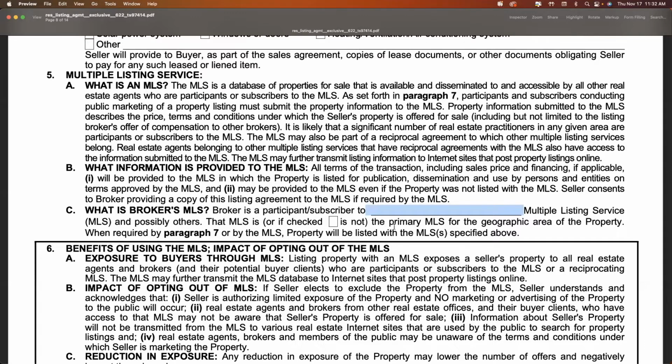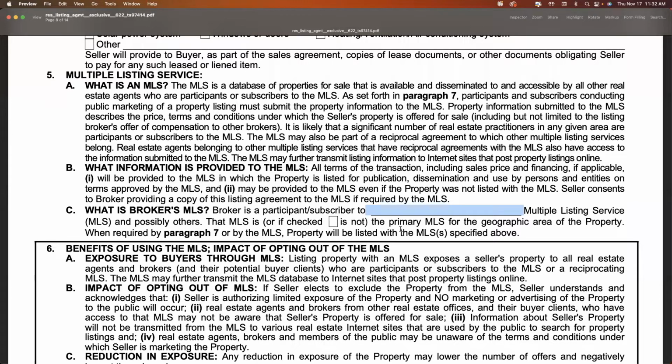This MLS is the primary MLS for the geographic area or is not. Now, the reason that's important is because for those of you that are here in Southern California, you know that you go to places like Bakersfield and other surrounding areas that have their own MLS that do not reciprocate with CRMLS. And we still take those listings even though we're not board members there.